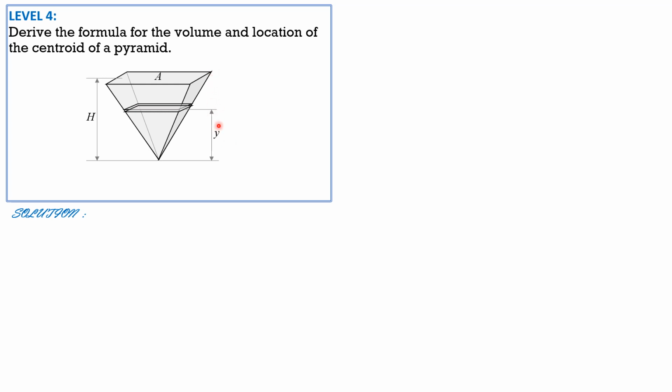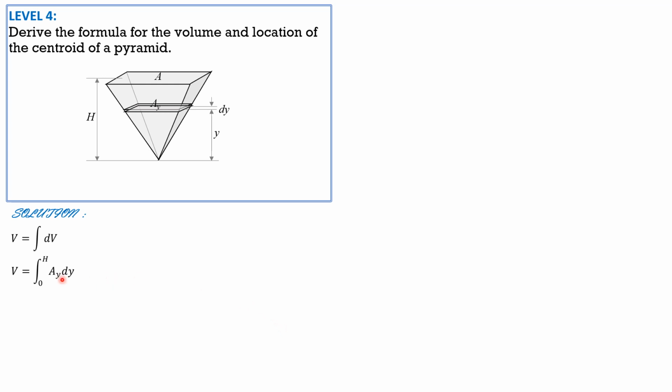So this is capital H minus y, and dy is the thickness. And the area of the rectangular slab, let's denote it area y, because it varies with y. Then volume equals the integral of the differential volume. The differential volume is the area of this rectangular slab, the top area, area y, times thickness dy.